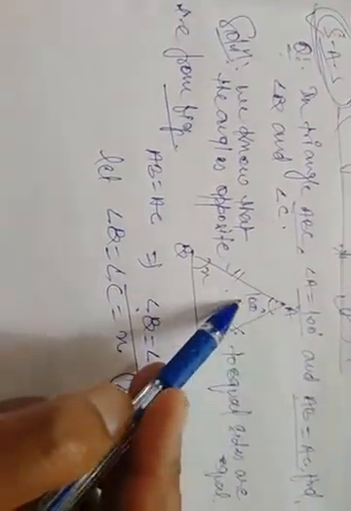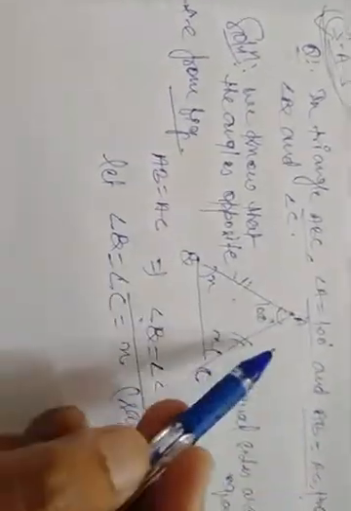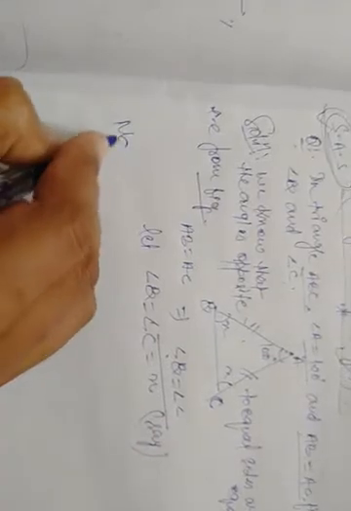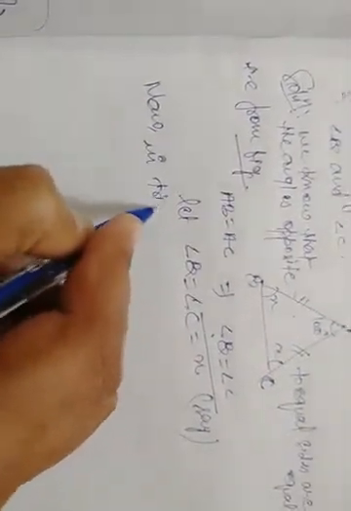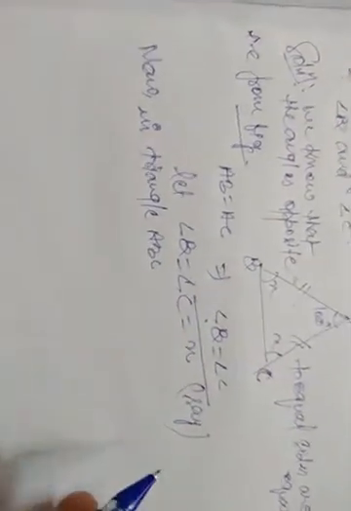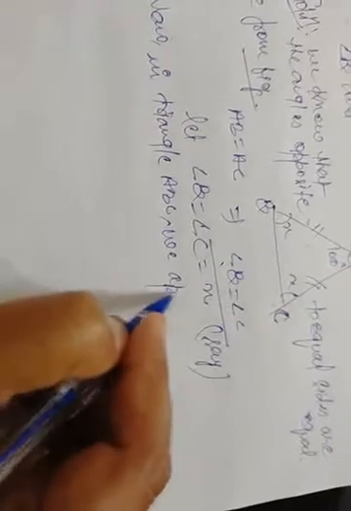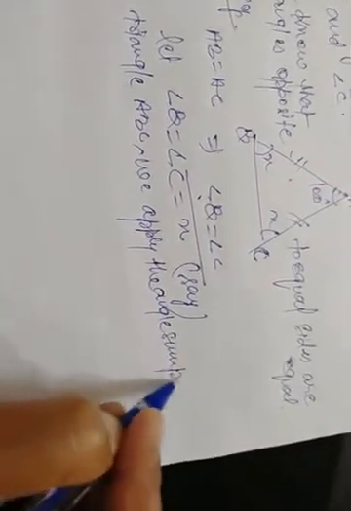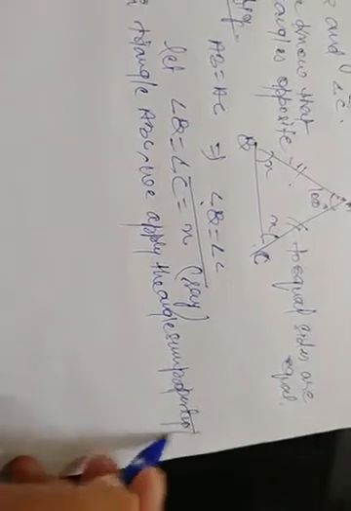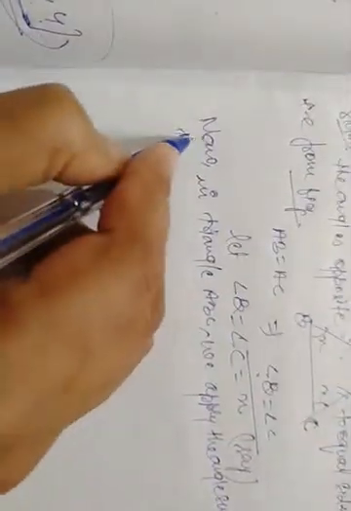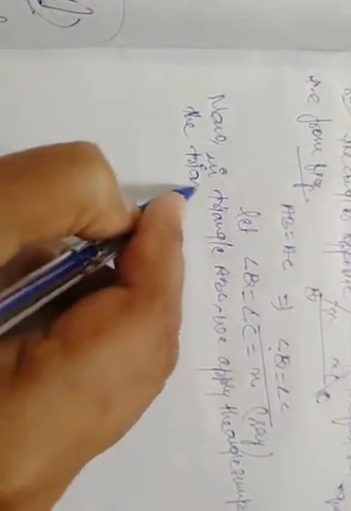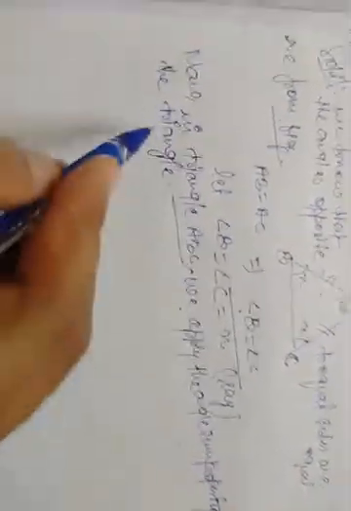Now in triangle ABC, two sides and the included angle between them are given. Now in triangle ABC, we apply the angle sum property of the triangle.